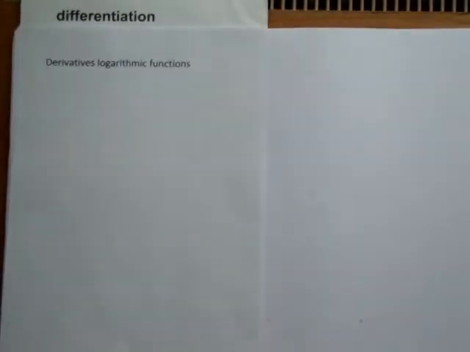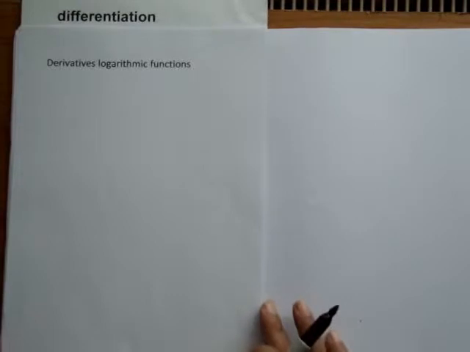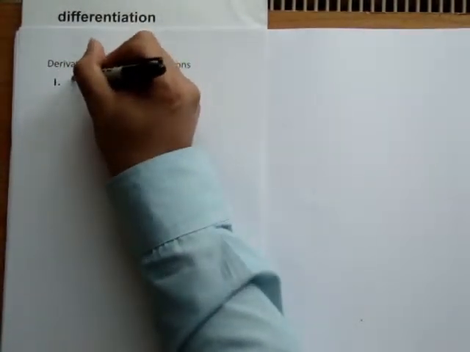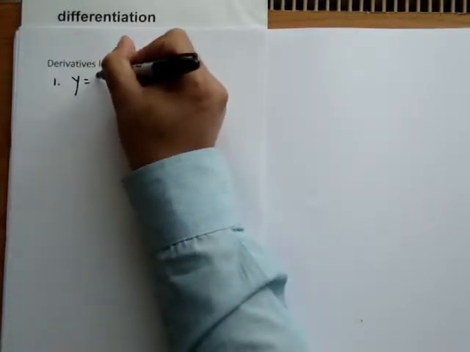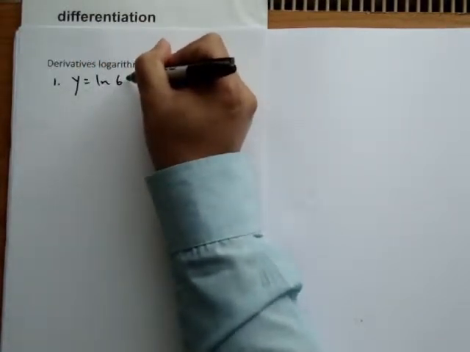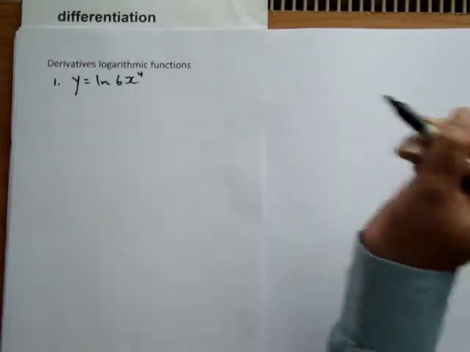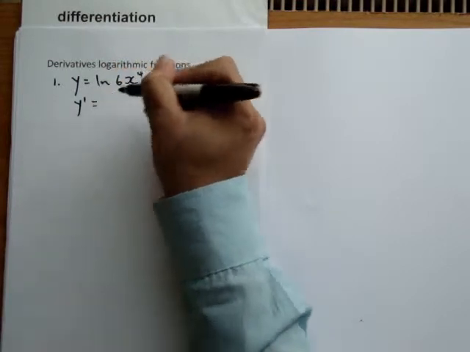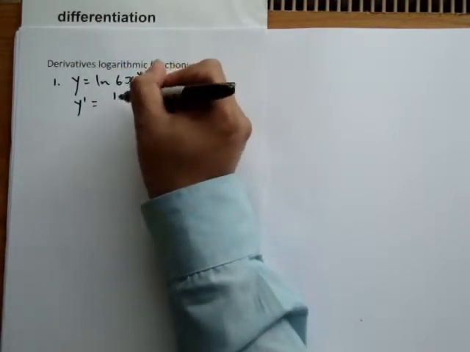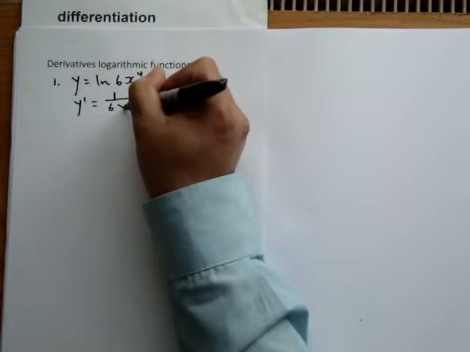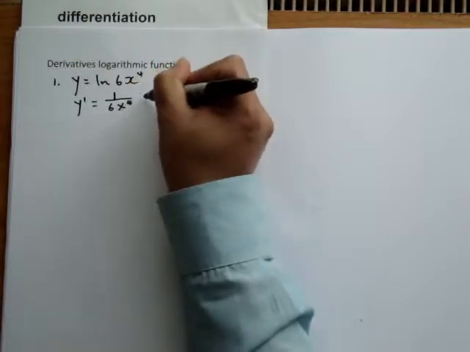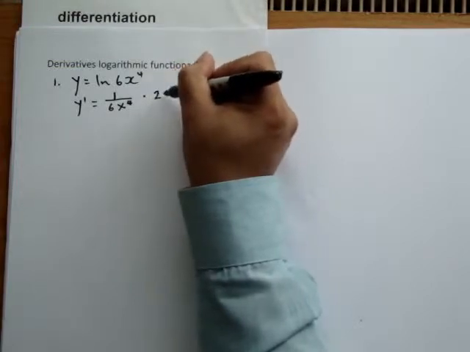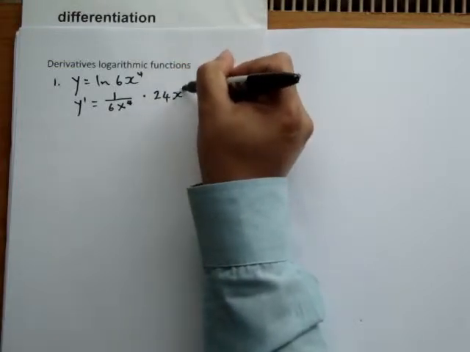Okay, let's go over some quick examples, derivatives of logarithmic functions. Y equals natural log 6x to the power 4. So differentiating, y prime is 1 over 6x to the power 4 multiplied by 24x cubed.